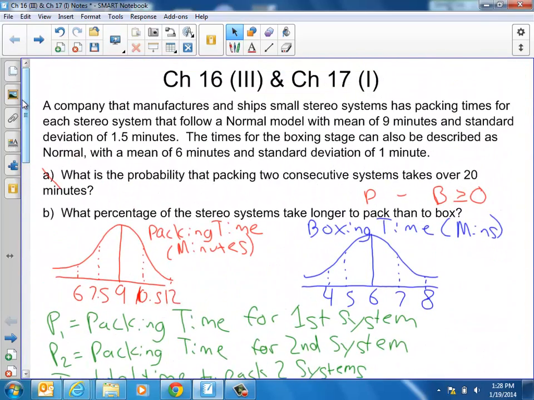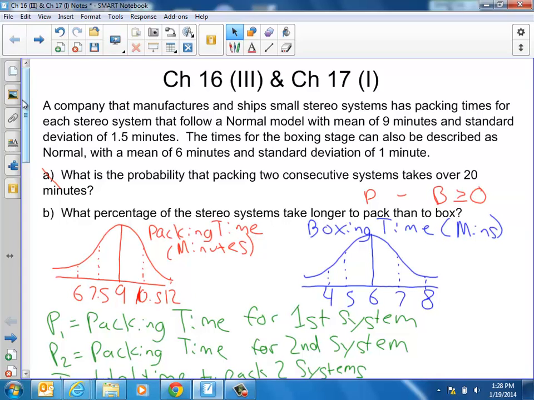Let me recap for you what we did. We identified random variables that followed a normal model and then used a combination of those variables to get, in turn, a new normal variable. We did that twice. In Part A, our normal variable represented 2 consecutive packing times. In Part B, it was the difference between a packing time and boxing time for a single stereo system.